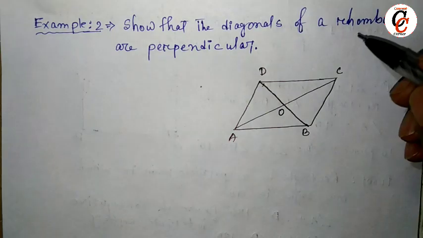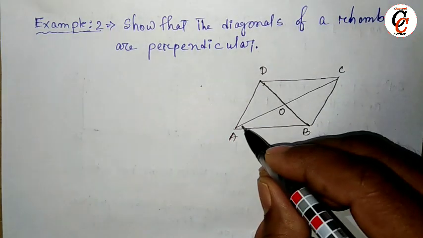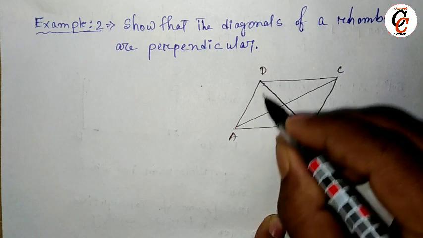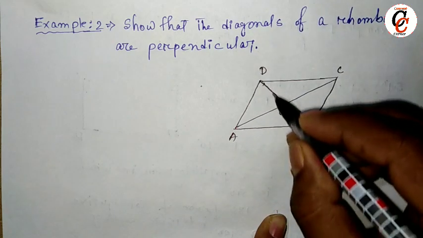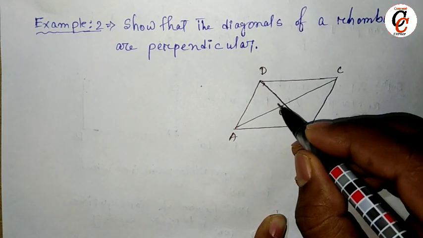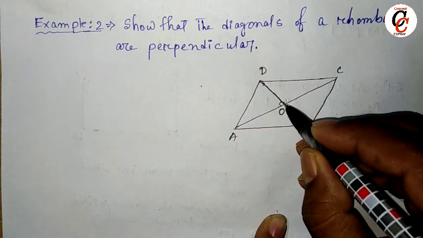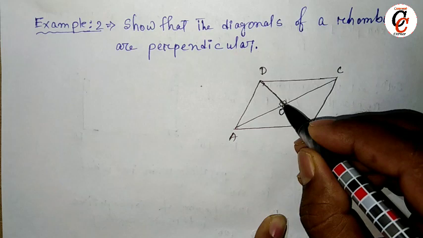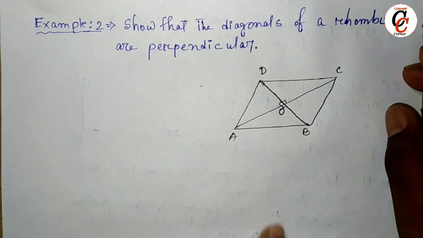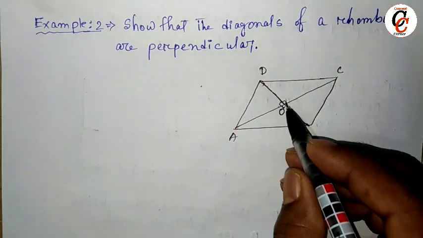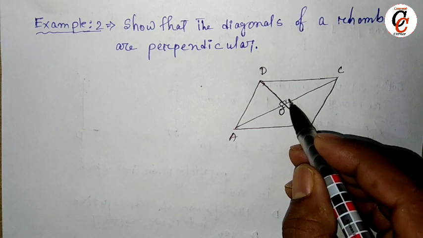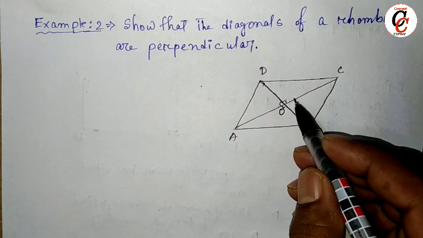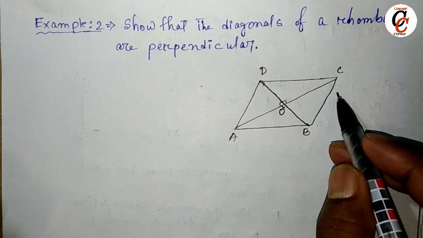They produce a 90 degree angle at each other. So BD makes a 90 degree angle here, and AC makes a 90 degree angle here. That means all the angles here are 90 degrees. So if we can prove that one angle is 90 degrees, then it is sufficient. So how will we prove it?